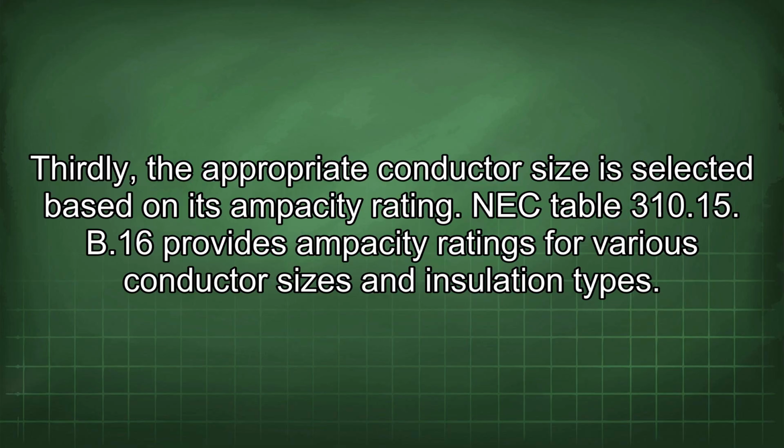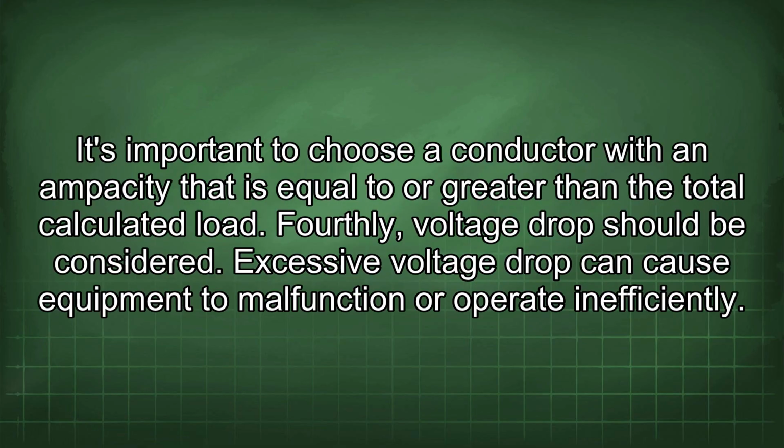Thirdly, the appropriate conductor size is selected based on its ampacity rating. NEC Table 310.15(B)(16) provides ampacity ratings for various conductor sizes and insulation types. It's important to choose a conductor with an ampacity that is equal to or greater than the total calculated load. Fourthly, voltage drop should be considered.